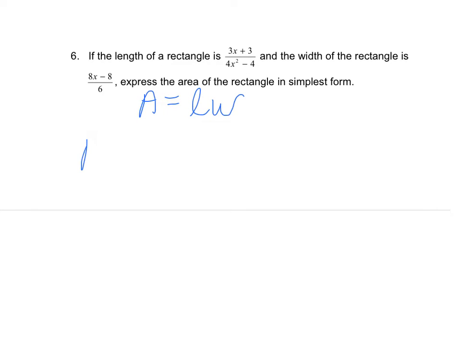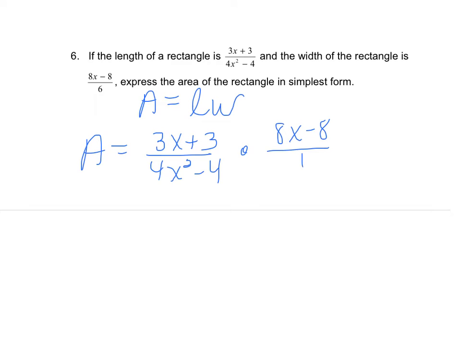All right, so I have A equals, my length is 3x plus 3 over 4x squared minus 4 times my width is 8x minus 8 over 6. So right now I'm multiplying rational expressions. So the object of the game is to factor and cancel as much as I possibly can.